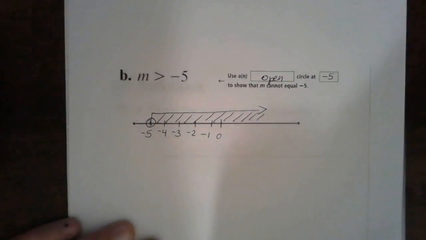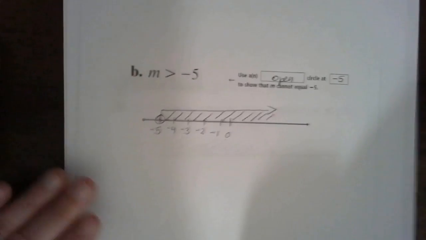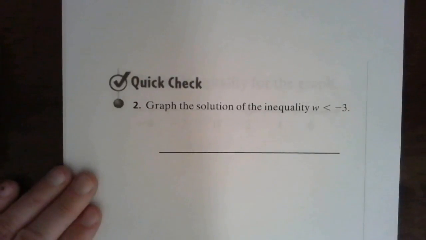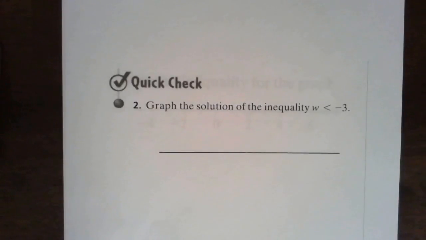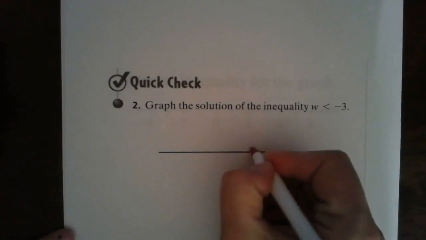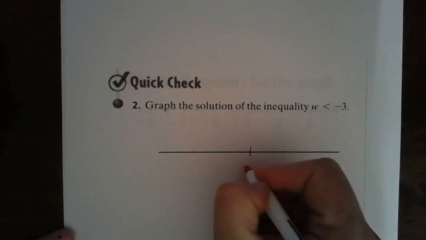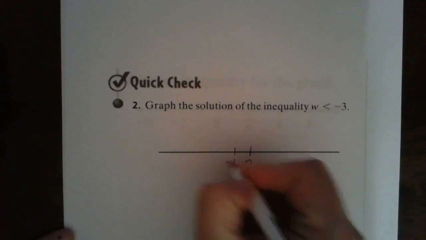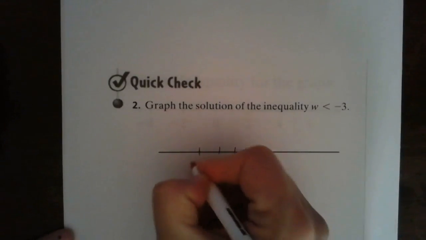Okay, all right, one more for you. Good job on that one. Graph the solution to the inequality w less than -3. Okay, welcome back. Once again, I'm going to find -3, -2, -3.